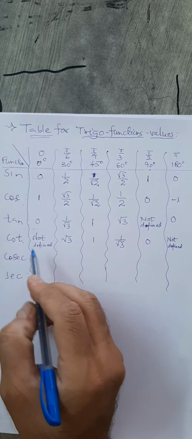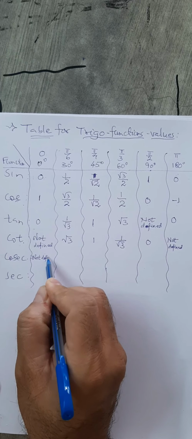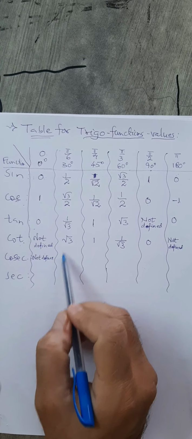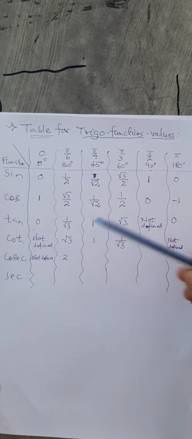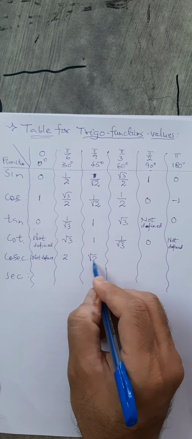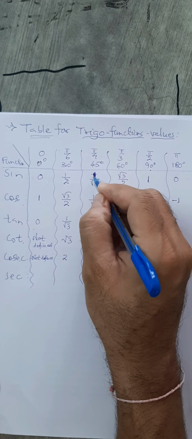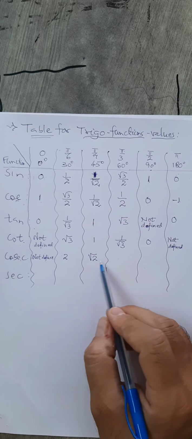Okay, cosec is just reciprocal of sine function. So here 0, reciprocal, not defined. Reciprocal of this is 2. So cosec 30 degree is 2. This is 1 by root 2. So this is root 2.